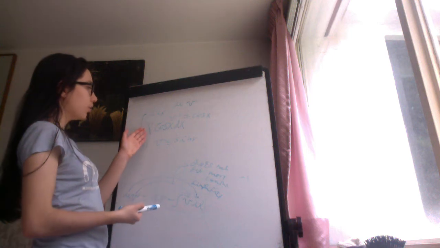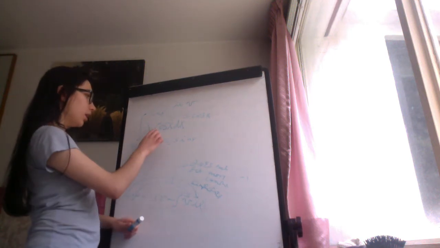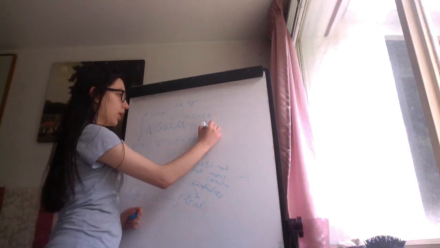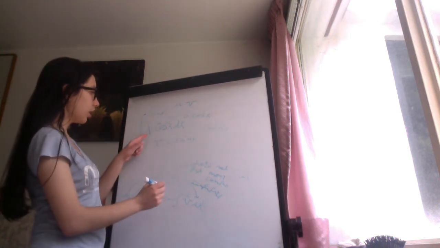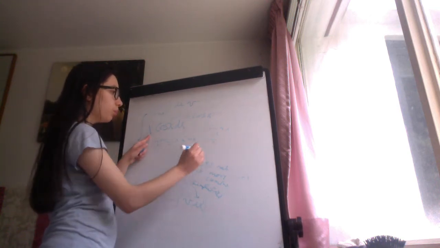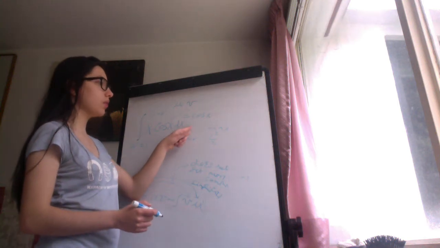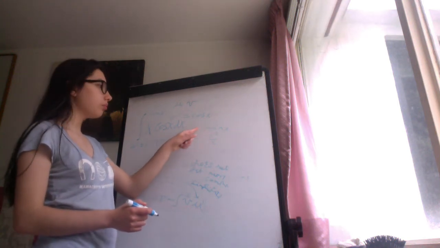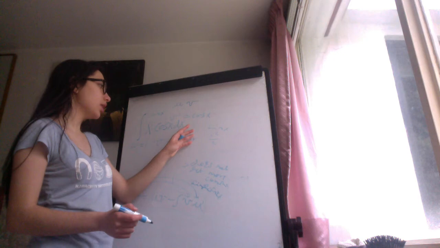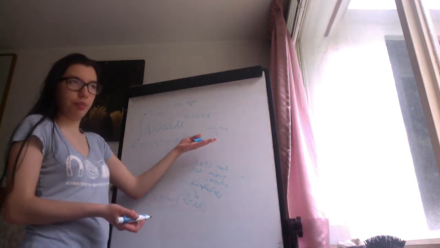Now let's see what happens if we do it the other way around. Here the derivative of cosine x is minus sine x, and the antiderivative of x is x squared divided by 2. So the derivative was not simplified, it just stayed the same, and the antiderivative actually got complicated.